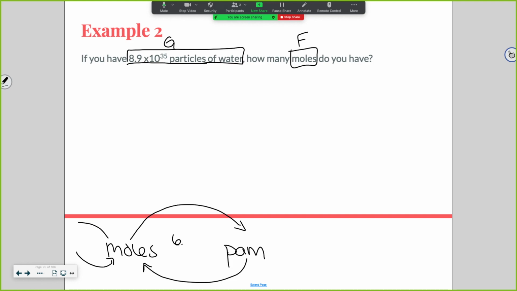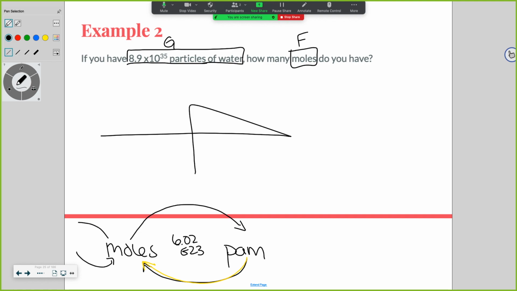And what conversion factor, what base do I use? Yes, 6.02E23. Good job. So go ahead and fill out that table. Remember, I only have one arrow here, so I only need one step in my table, which is that one line that we draw.